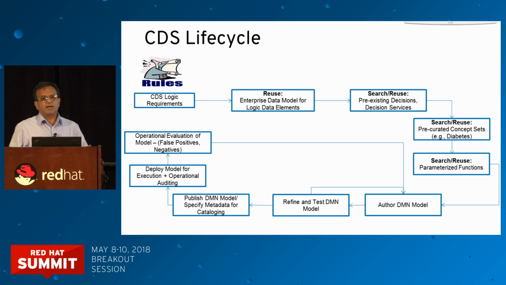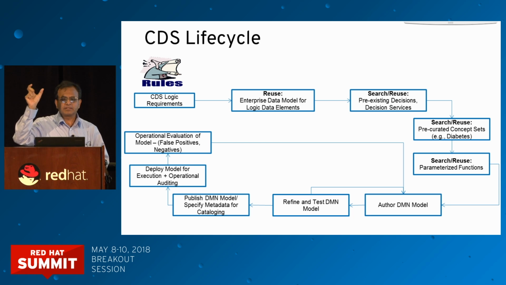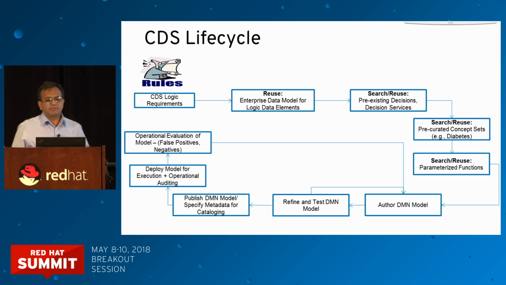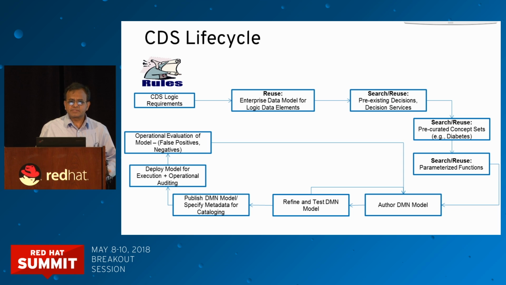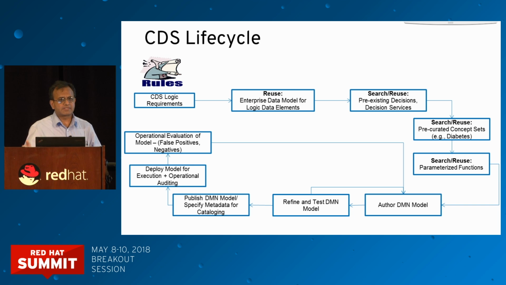Even there, because of the DMN standard, for a particular patient we are able to see the audit or trace of what decisions were activated at that point in time. Then overall, we will evaluate the model for false positives and negatives. Depending on whether it starts misbehaving, we will come back to the authoring lifecycle and update it. So this is the life cycle we are planning to support.